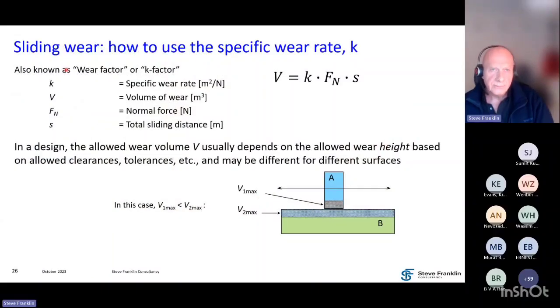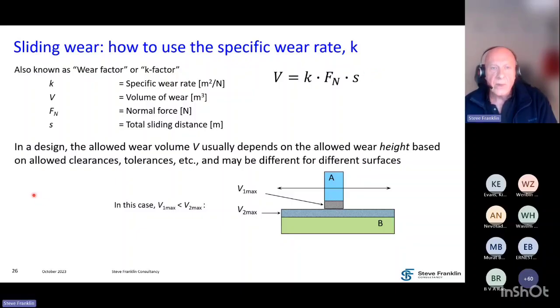And for that we use something I mentioned earlier, the specific wear rate, because we're talking about sliding wear, so we can use this characteristic. Specific wear rate is given by this formula. So this is the volume of the wear times the specific wear rate times the normal force times the sliding distance.